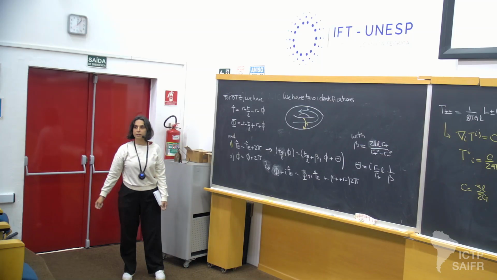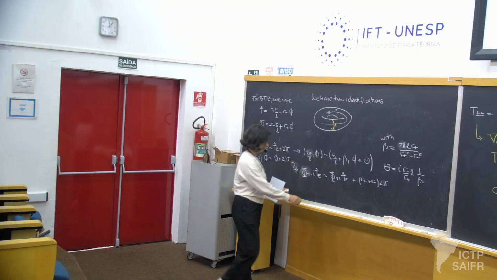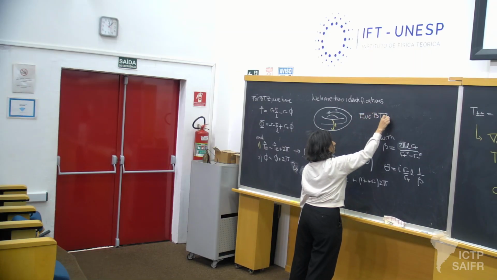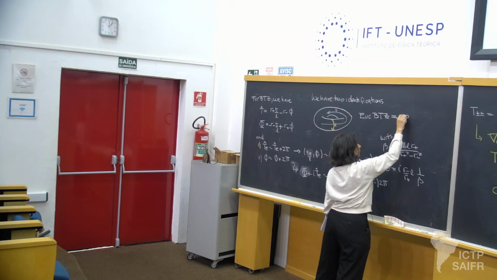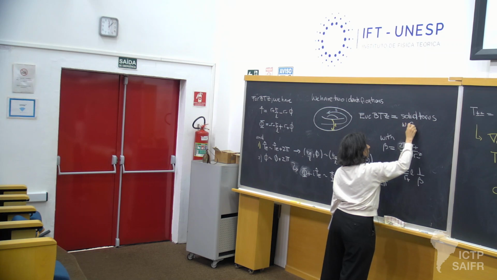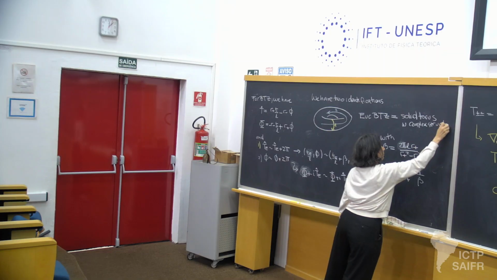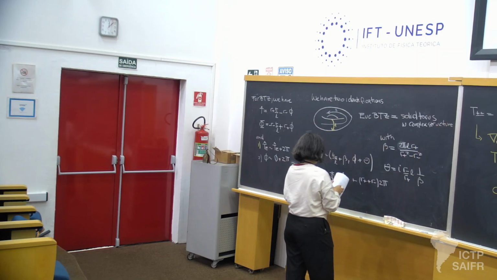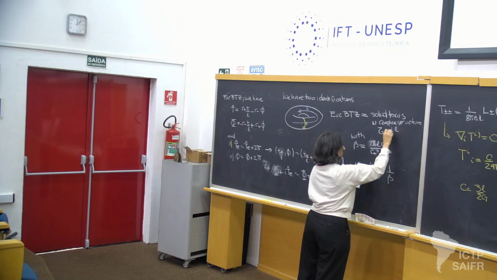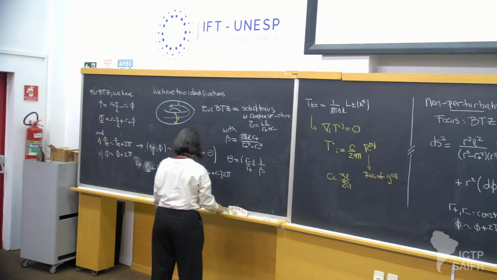So what we have for the BTZ is the Euclidean BTZ, which topologically is a solid torus with complex structure R plus equal to R minus.